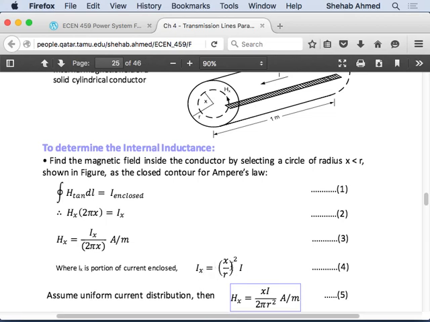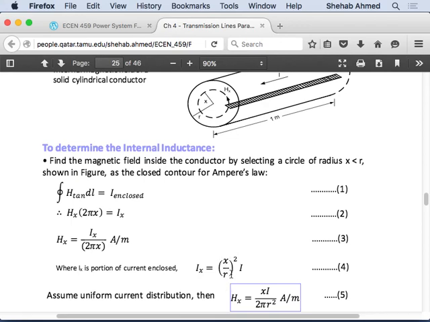So the relationship between Ix, which is a portion of I, is going to be the ratio of the areas, or the area where the current Ix is flowing, versus the total area which carries full conductor current I. Right? So if x is equal to r, then Ix equals I. So Ix is equal to I times x squared over r squared. So this is pi x squared over pi r squared, right?